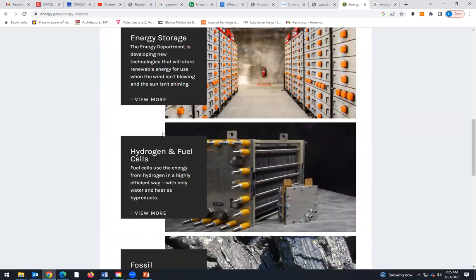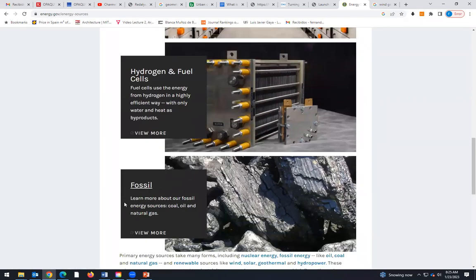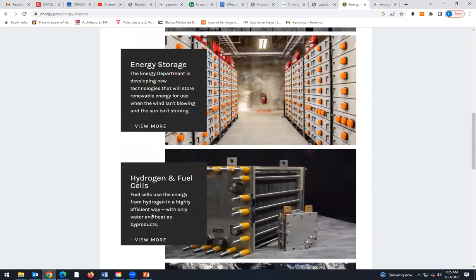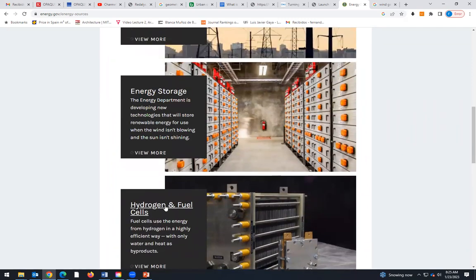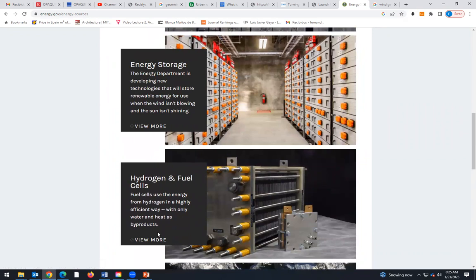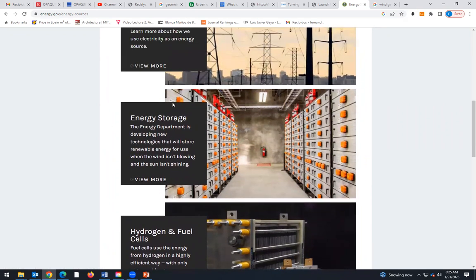So that's probably the future. But nowadays we don't have the technology to produce clean hydrogen. Most of the hydrogen that we can produce today is made by burning fossil fuels. So again, it doesn't make sense so far. But probably this is the future.